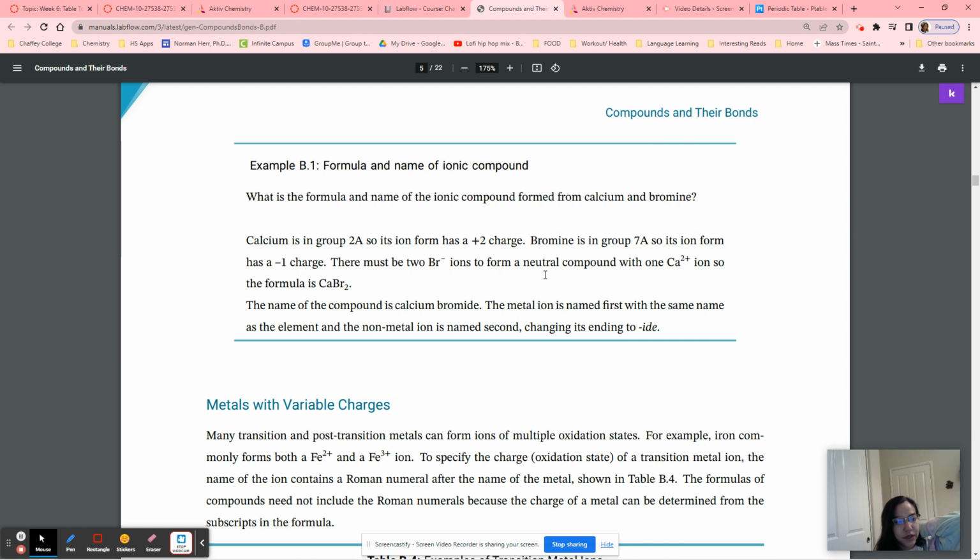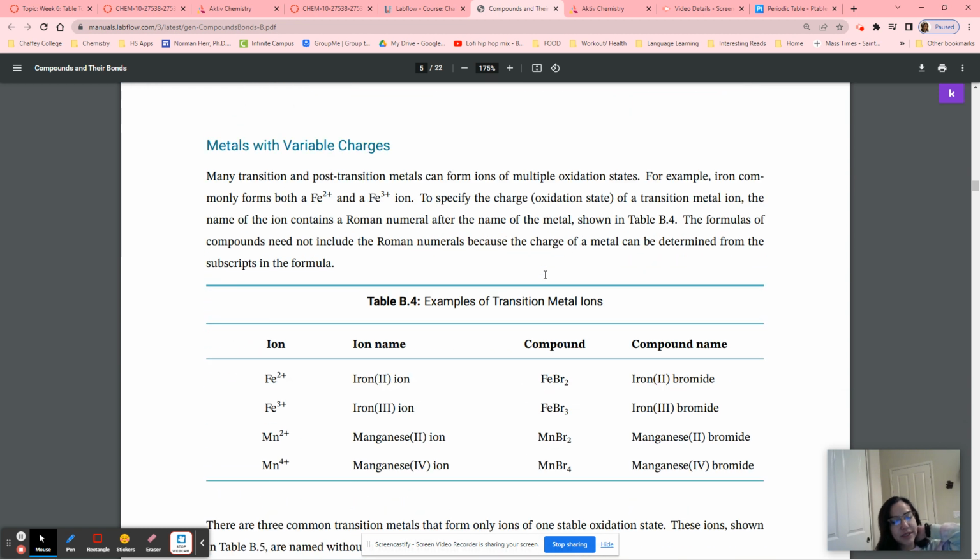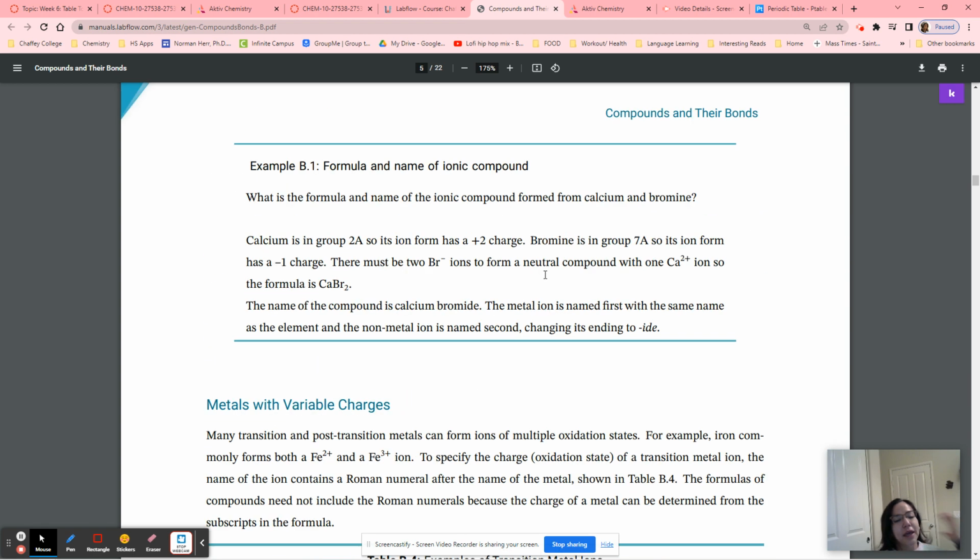All right, so the next part is going to be naming, and when it comes to naming, how it ends and what do we do with it. So we know that a cation, positive, is just the name of the metal plus the word ion. However, an anion is going to change into ide. So bromine is going to be bromide.